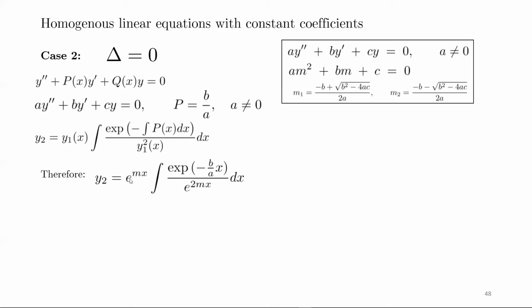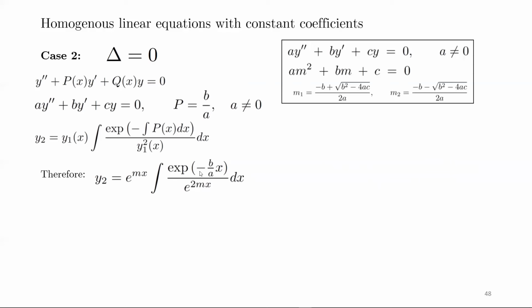Y1 squared is e to the mx squared, which is e to the 2mx. This is how you square exponentials. Let's calculate this integral. Well, sorry, we've already done the integral here. We get the exponential of negative b over a times x. We can combine these exponentials, because when we divide exponentials, we simply subtract the arguments.